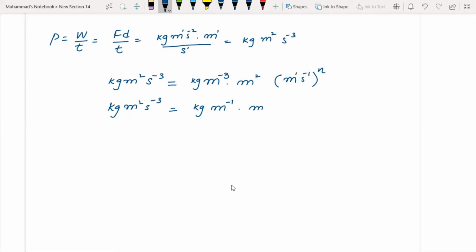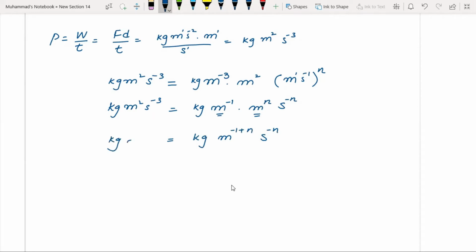This inside power is 1, this n will be multiplied with this 1, so that is n. And the power of s will be minus n. Okay, so kg, what can we do now? We can simplify this m, that is minus 1 plus n, and s power minus n.